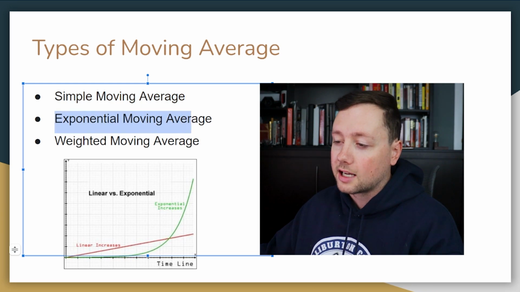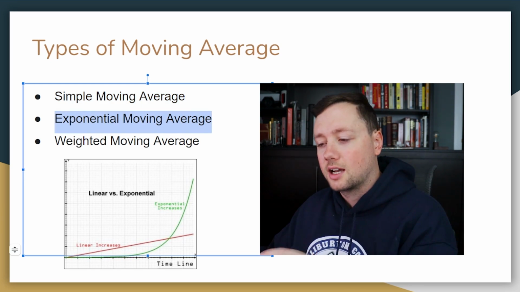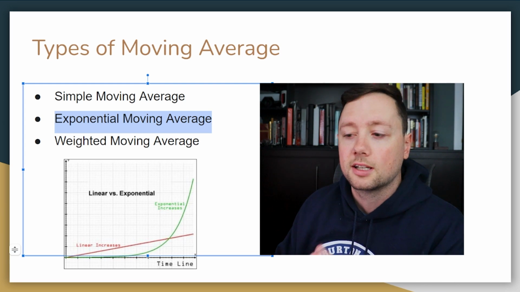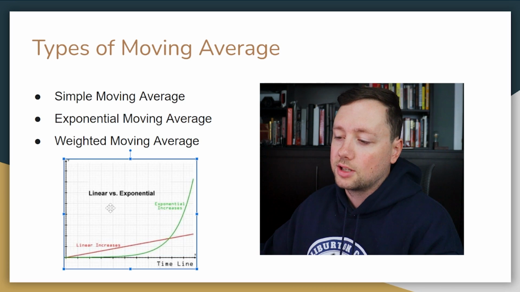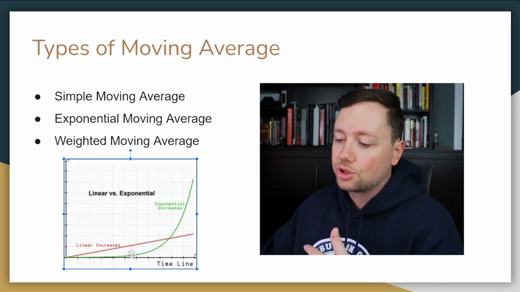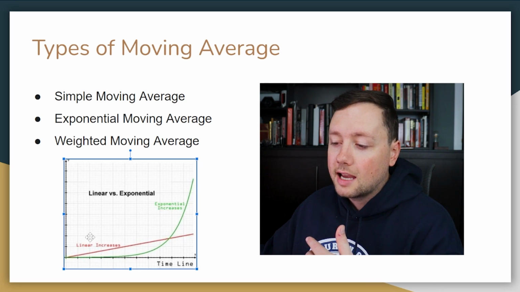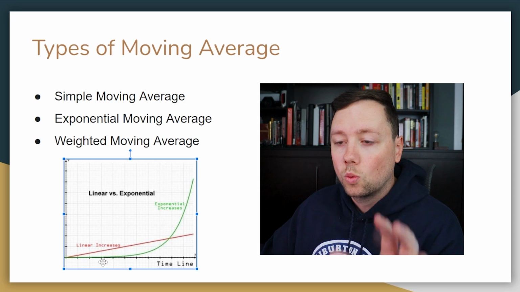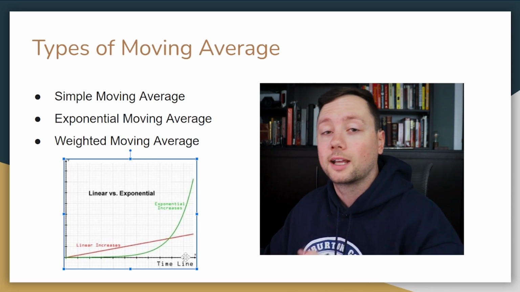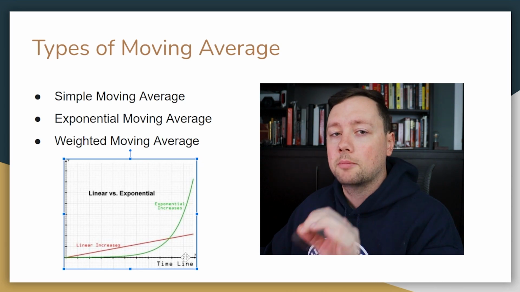Next though, you have the exponential moving average, and what this does is it puts more weight and more focus on the most recent prices. So you can see this chart down here where it says linear versus exponential. This green line right here is the exponential line, and what it's showing you is that the oldest data here is going to have the least weight, but the most recent data here, or the most recent candles, are going to hold the most weight when it comes to calculating that moving average.